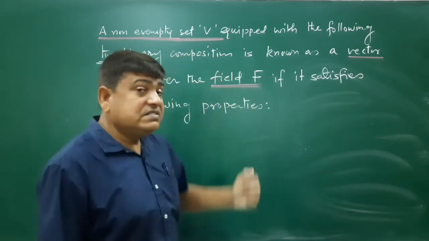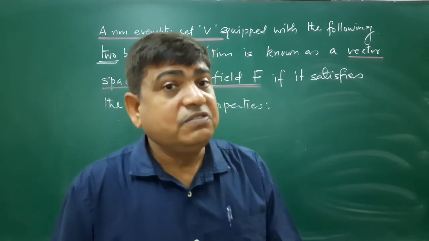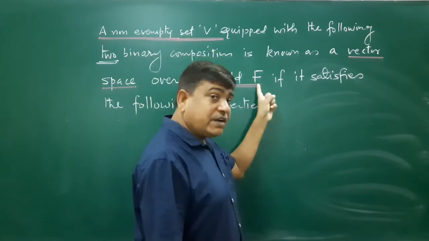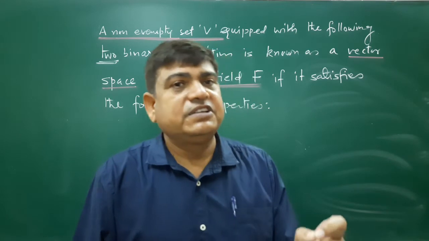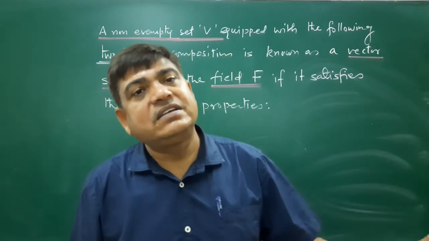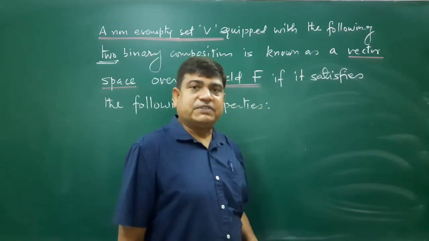So if F is a field, then immediately in your mind you must have the set F equipped with the two binary operations denoted by plus, addition, and dot, that is multiplication, satisfying the 11 properties.